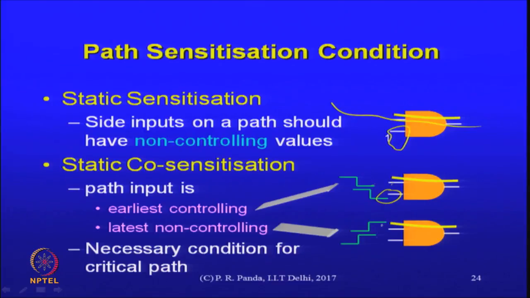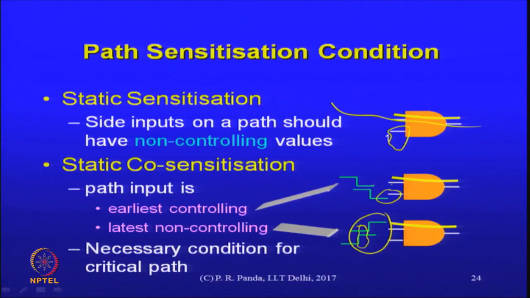Correspondingly, it is okay for us to have both inputs being non-controlling, both of them being 1, but if that is the case, then we want our input to arrive later. You see, both of these are 1, and the output was 0 even here. It does not matter that the other inputs became 1 earlier.